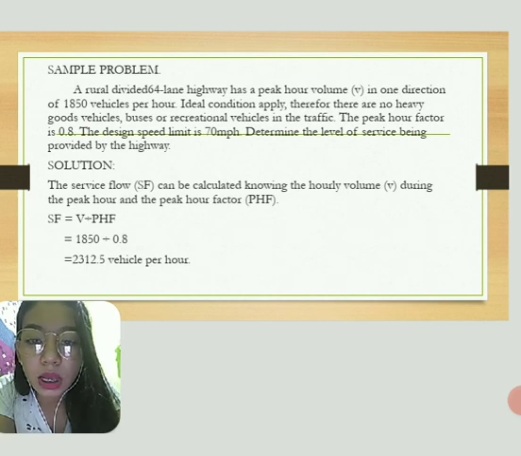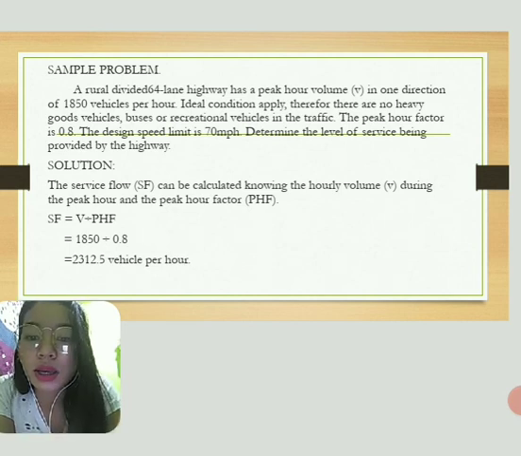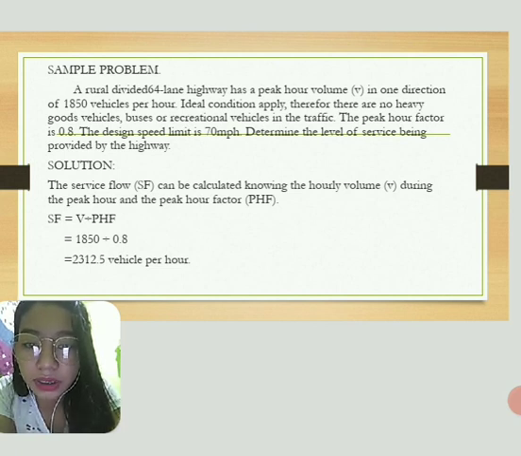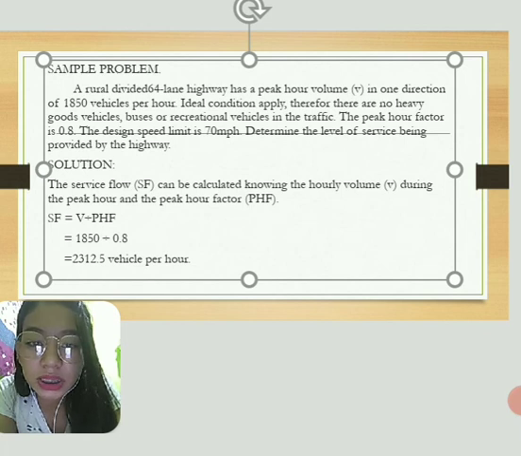Determine the level of service being provided by the highway. The solution: the service flow, or SF, can be calculated knowing the hourly volume during the peak hour and the peak hour factor, PHF. The formula is SF equals V divided by PHF. The hourly volume is given as 1,850, divided by 0.8, the peak hour factor.